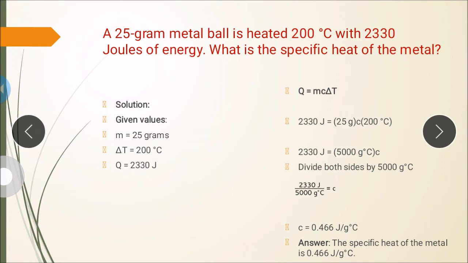Divide both sides by 5000 g degree centigrade: 2330 joules by 5000 gram degree centigrade is equal to c. By dividing, we get the final answer, c, the specific heat of the metal, is 0.466 joules per g degree centigrade.